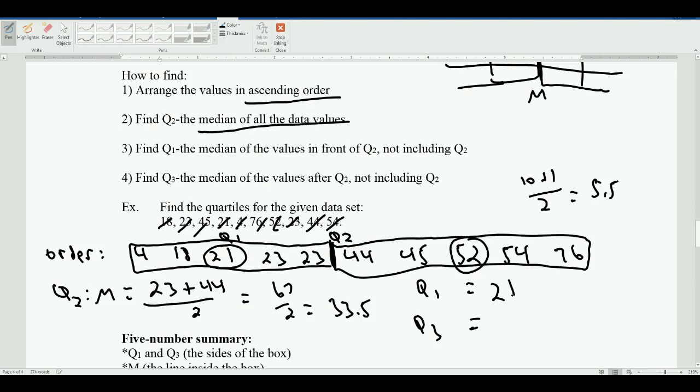It looks like it's right there, 52. So if you look at it, we have 25% of the values there, another 25% there, another 25% there, and another 25% there. That's what that means. So approximately 75% of the data values are less than 52. So it gives you an idea of how to divide it up into 4 quarters.